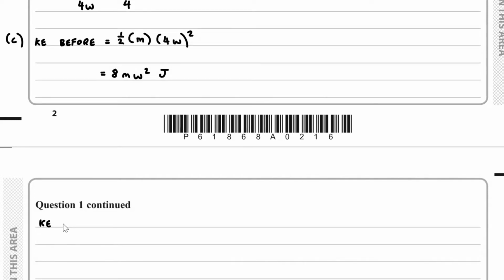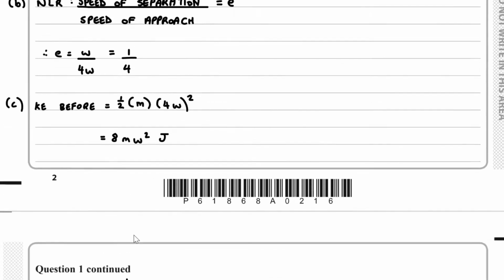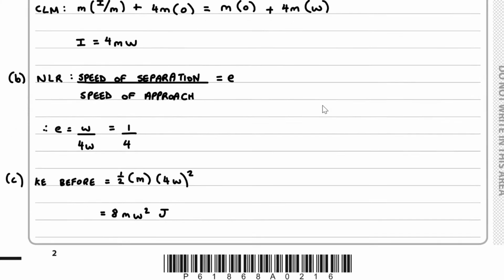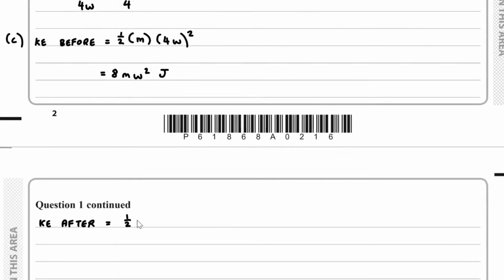The kinetic energy after the collision, we have 1/2 multiplied by the mass of Q, which is 4m, multiplied by W squared.